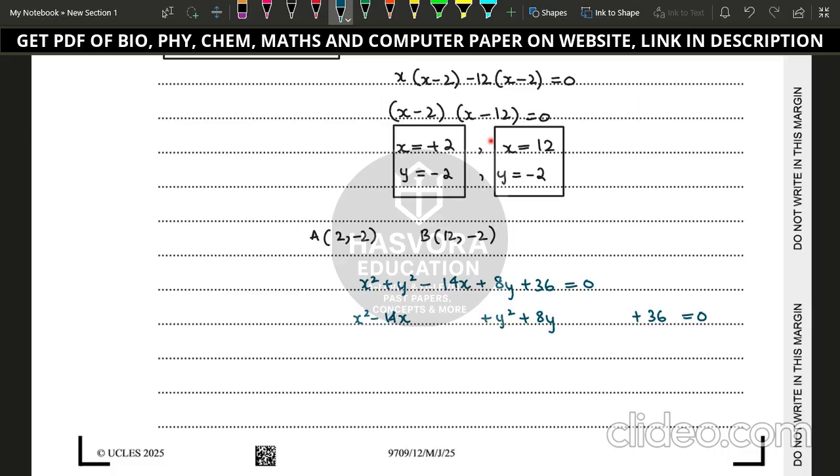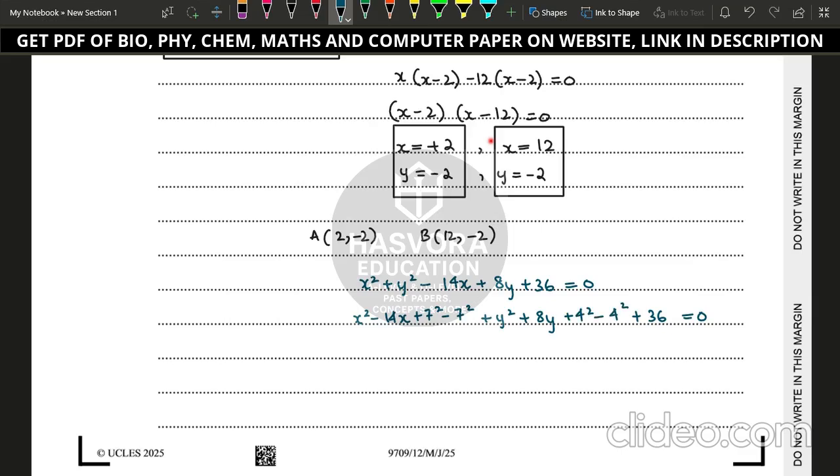Okay, now what is the rule of completing the square? We take half of the coefficient of the x and the y, and then we add the square of it and subtract the square of it at the same time to balance the equation. So half of 14 is 7, so I will add 7 square and also subtract 7 square. Same for the 8, half of 8 is 4, so it will become plus 4 square and minus 4 square.